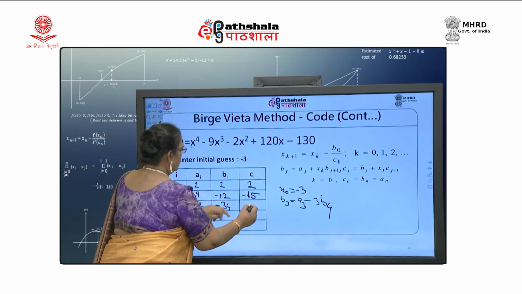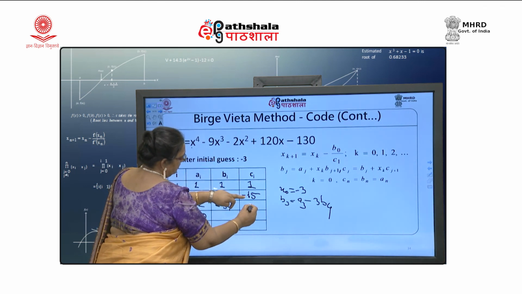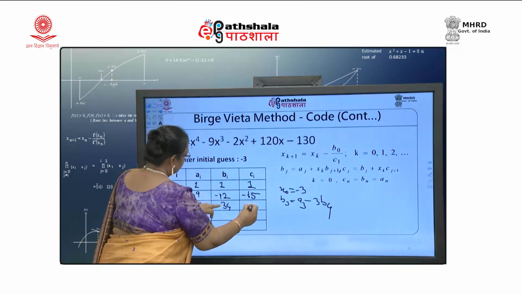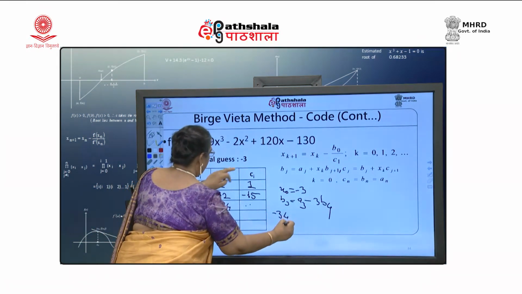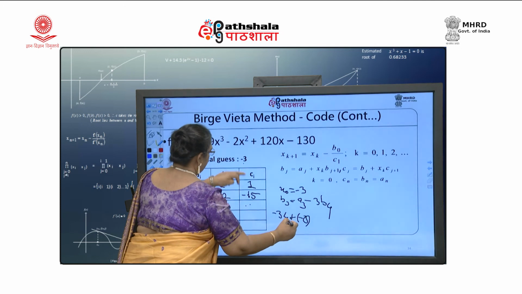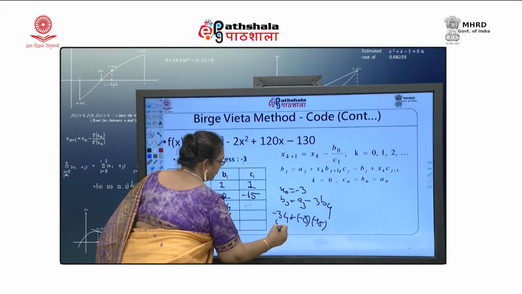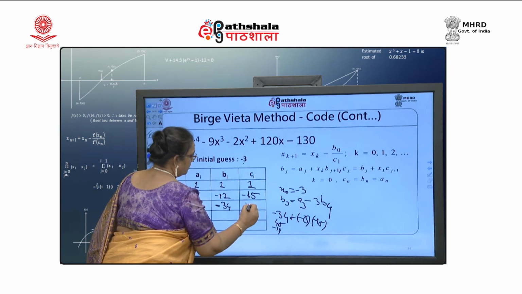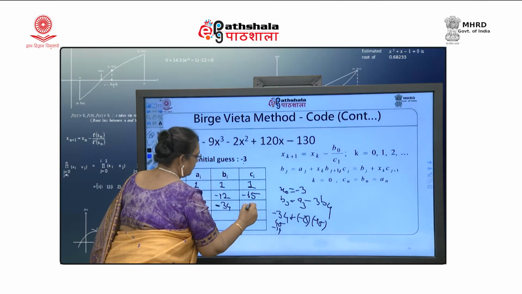Similarly, if I want c2, c2 will be given by b2, that is 34, plus minus 3 into minus 15. So, it is 45 plus 34, which gives 79.